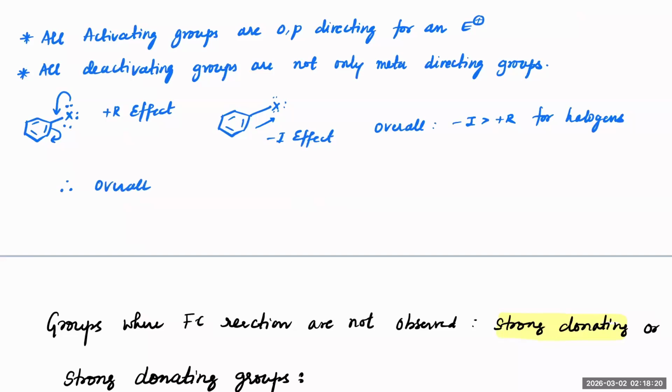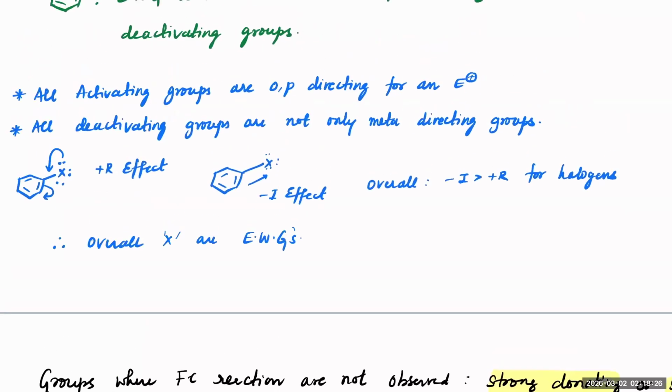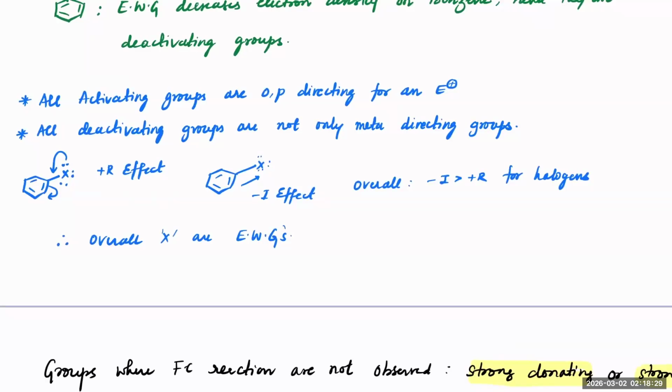So overall, halogens are electron withdrawing groups. Got it? Even though they are electron withdrawing groups, they will showcase ortho-para directing nature. Okay, this is the fact we need to understand. Clear?